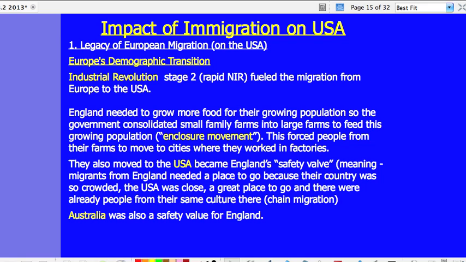So with a growing population, there needed to be more efficient farming methods, and so the government consolidated these small family farms and made them into large farms.